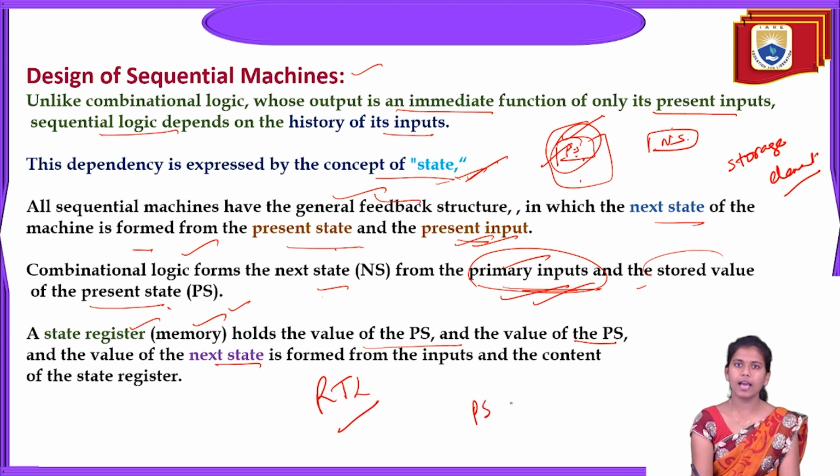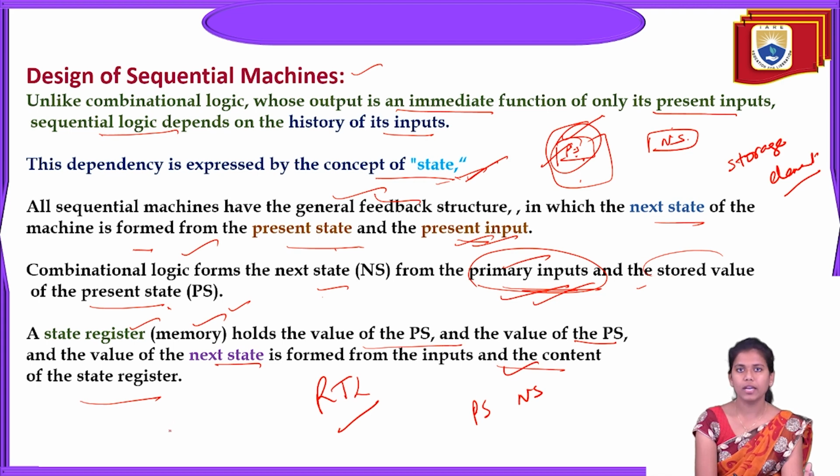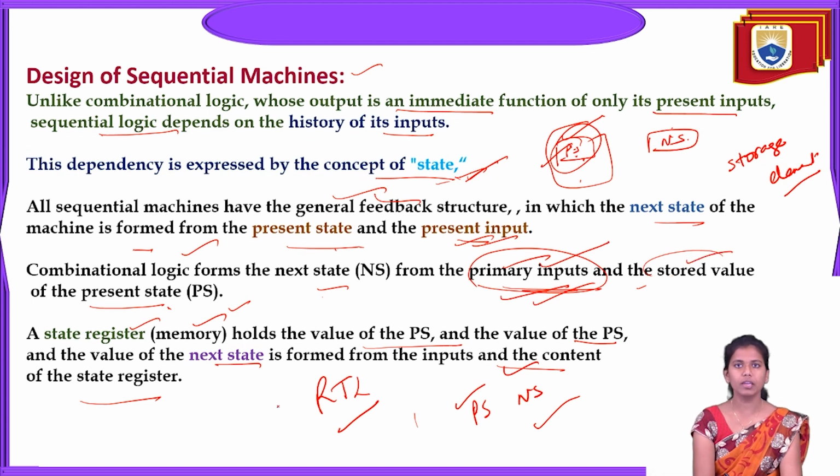The state register holds the memory of the present state as well as the next state, which is formed from the input and the content of the state register. So overall, the state register is a device that holds the value, or the memory, or the information from the present state as well as the next state. The present state itself consists of the information coming from the primary inputs and the stored value of the present state.